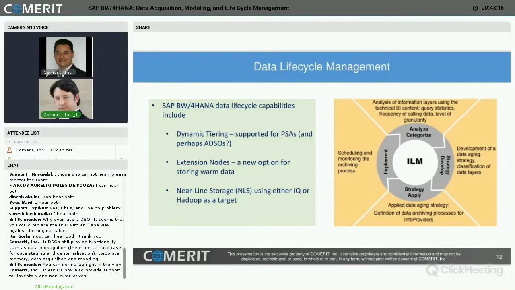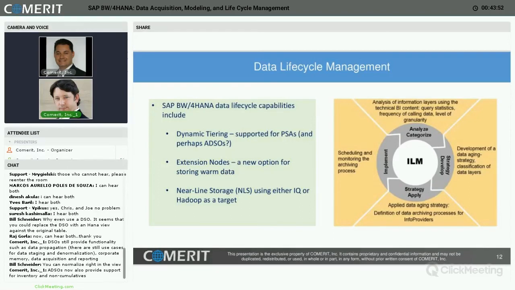BW for HANA has several capabilities. Dynamic tiering is still supported for PSAs. There's some recent evidence that ADSOs, advanced DSOs, may be supported for dynamic tiering in the future. Although as of the writing of our book, this progress had been stopped, and instead SAP had developed a concept called extension nodes as a new option for storing warm data.